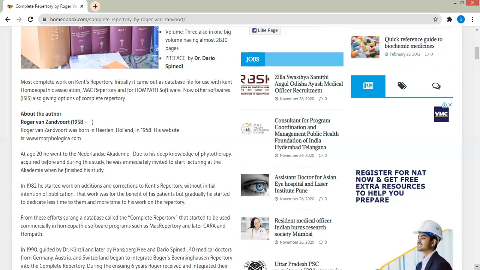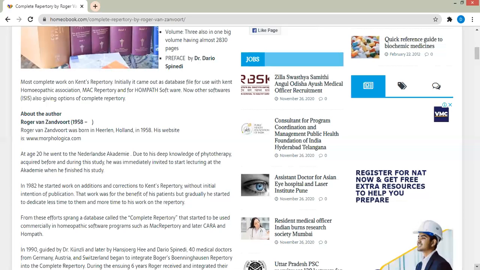When he was practicing, he made corrections and additions in Kent's repertory for his own purpose only, for his easy reference. There was no intention of publishing a new repertory.